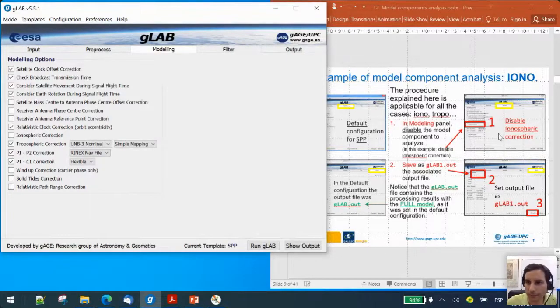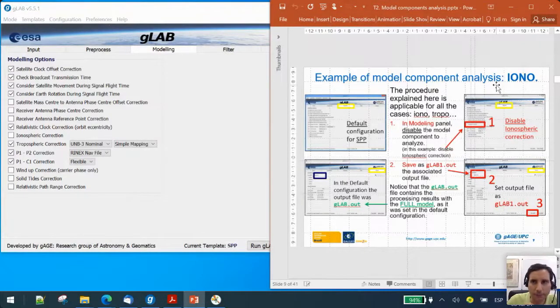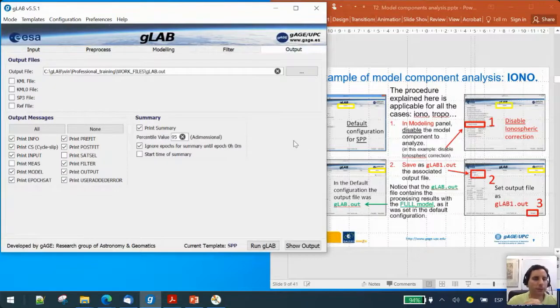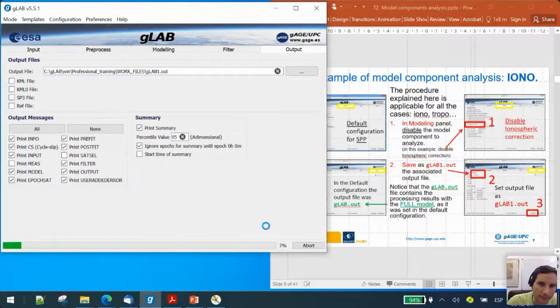This is step number 1 that we have to do. And then as step 2, go to the output and change the file name where we will be writing our results. If someone has been very quick and has pressed the run button and the run gLAB button, the bad news is that he or she will have overwritten the previous result.